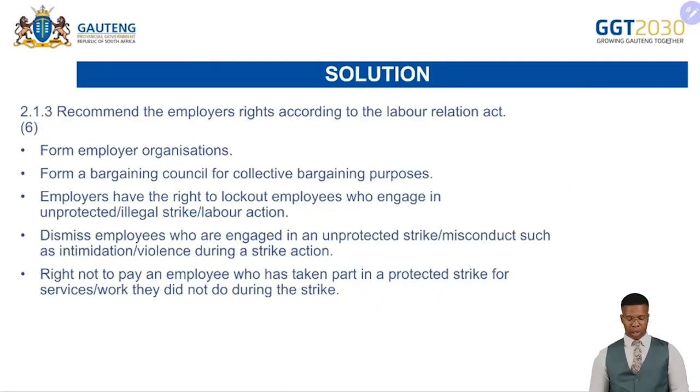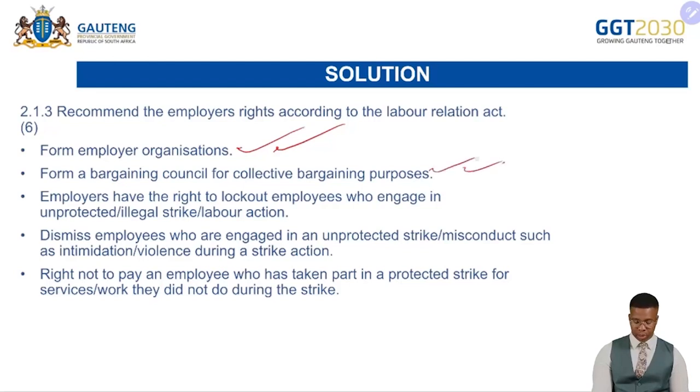And then, looking into the rights of employers, they have the right to form an employers' association, and they have a right to form a bargaining council for collective bargaining purposes, and employers have a right to lock out employees who engage in an unprotected or illegal strike or labor action. And another one is that they can dismiss employees who are engaging in an unprotected strike.